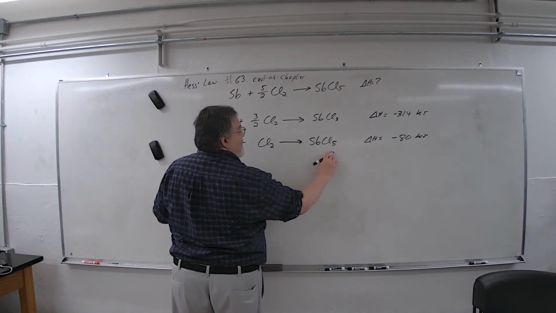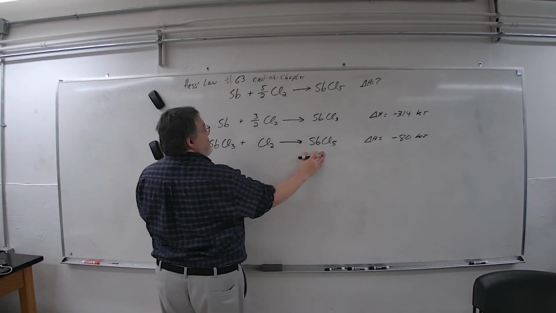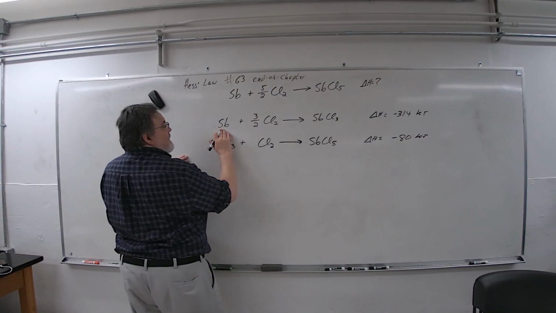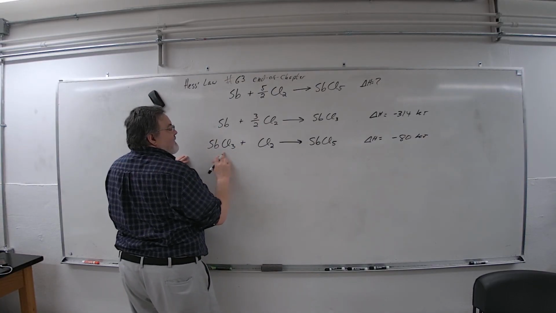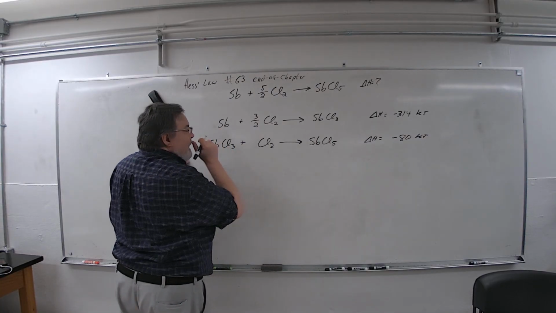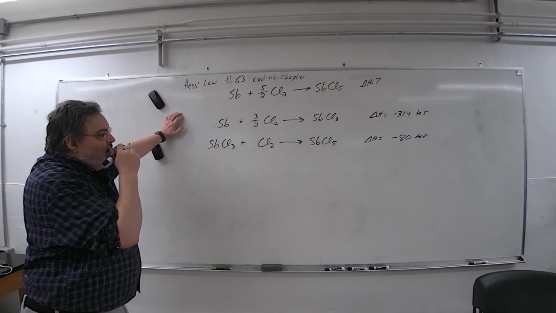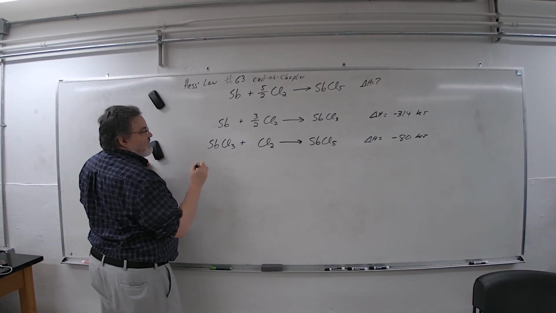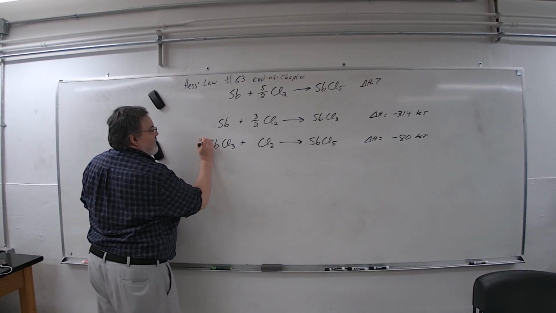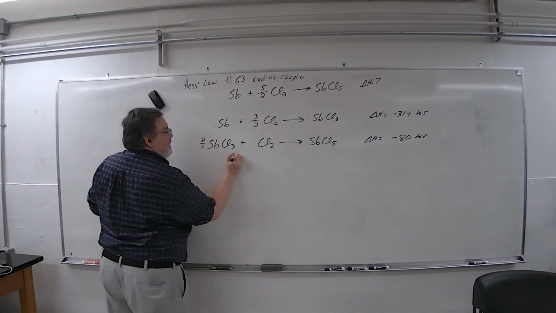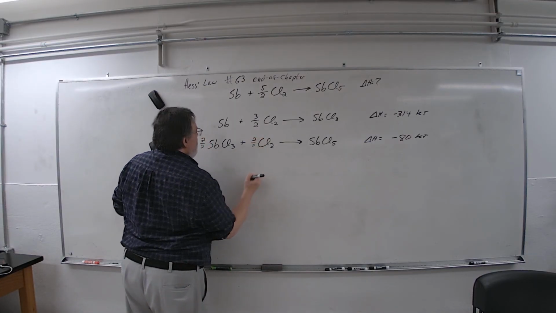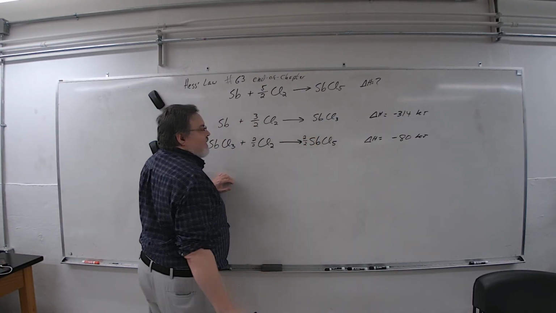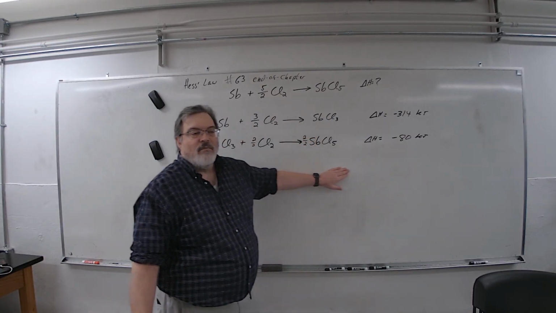I need SbCl5 on the right side, so that's the way I want this one. The Cl's are on the left, there's an Sb on the left. I need the SbCl3 to cancel. I think all I have to do here is this trick, which is the same as multiplying by 1.